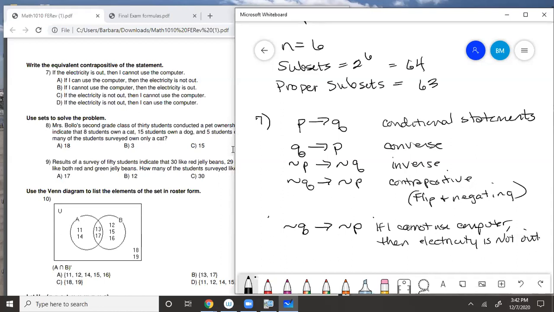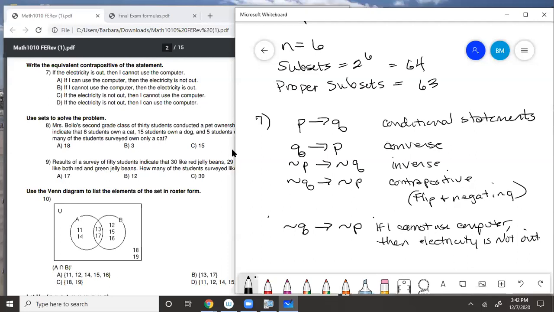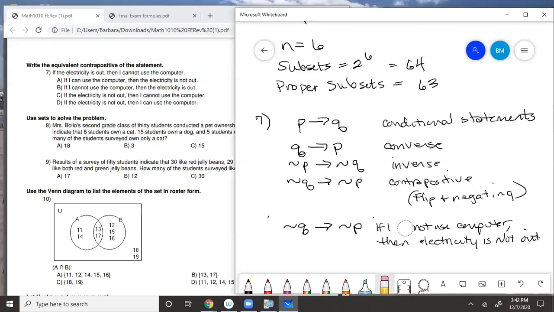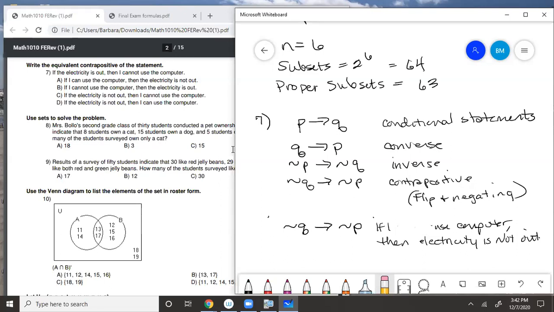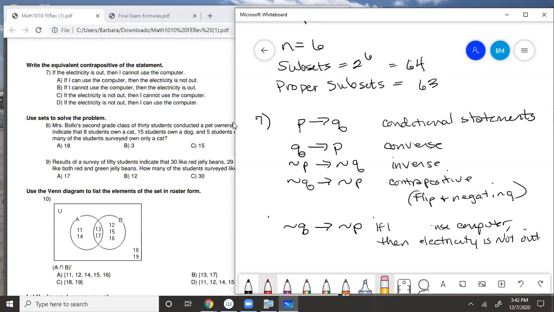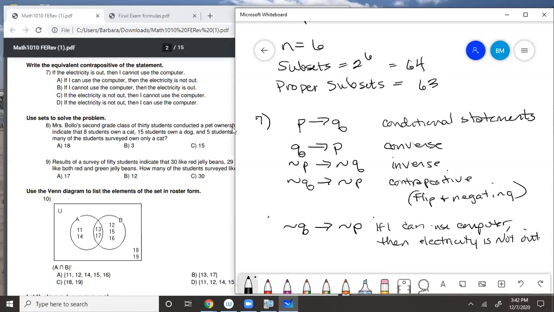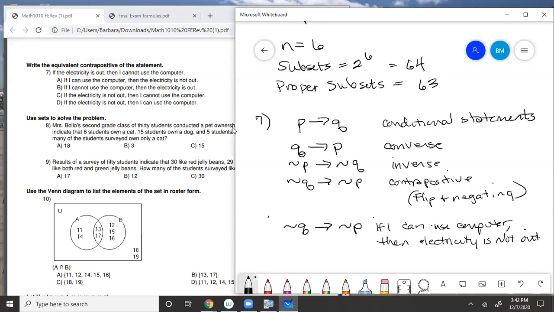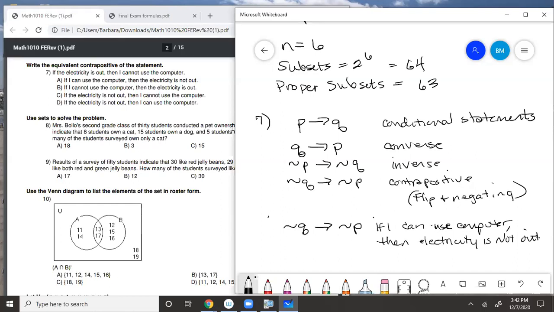Oh, and that's a cannot already. So we have to flip that to can, right? That says I cannot use the computer. So we have to flip this over to P now, and this is can. So if I can use the computer, remember we're negating the last part and we're negating the first part.